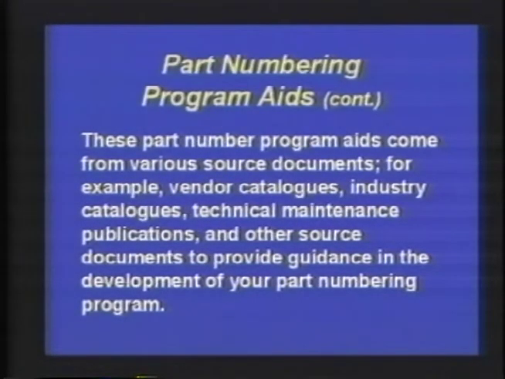These part number program aids come from various source documents. For example, vendor catalogs, industry catalogs, technical maintenance publications, and other source documents to provide guidance in the development of your part numbering program. All people in the part number program should have a complete set of aids to assist in the part number program.